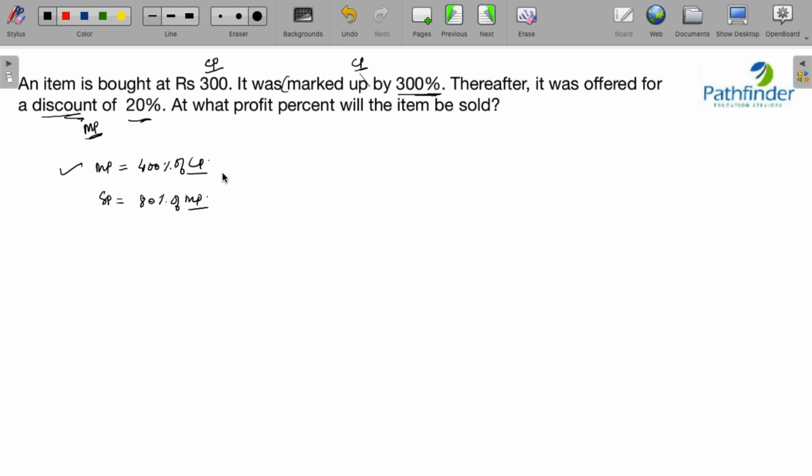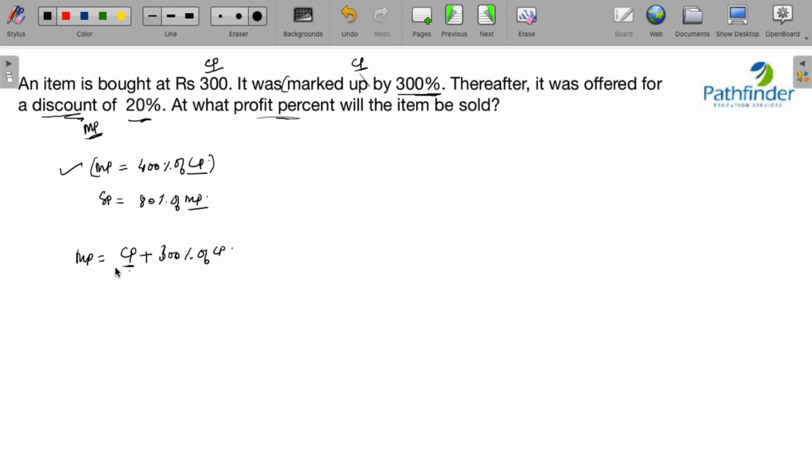So you can very easily calculate the selling price, and once the selling price is calculated, you can also calculate the profit percent. Let us first calculate the market price. Now many of you will wonder why 400% of CP. Because it was marked up by 300%. So we will write market price as cost price plus 300% of cost price.